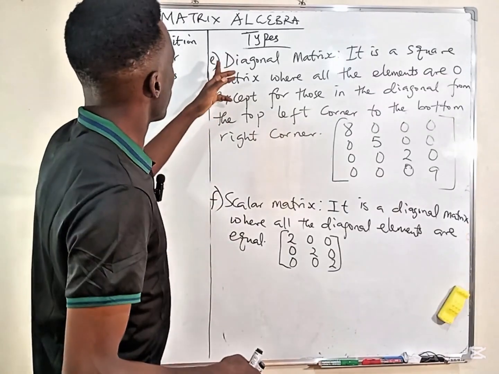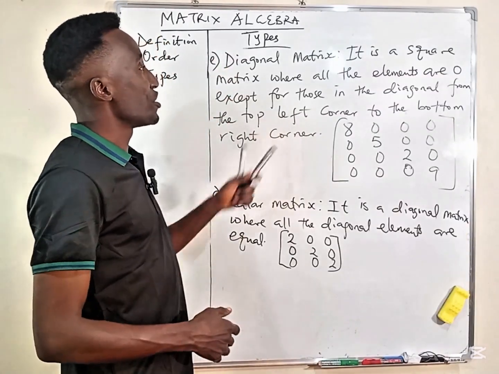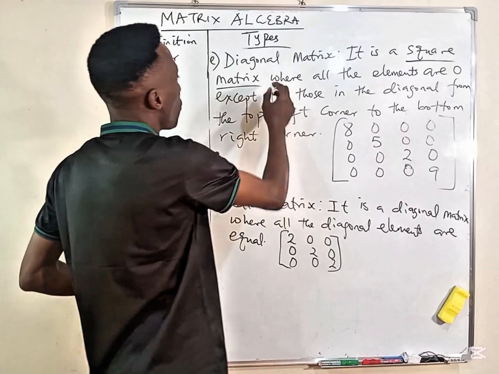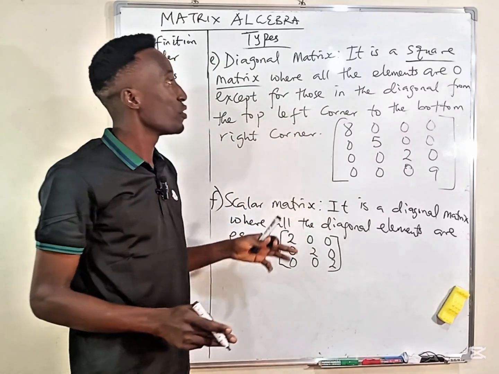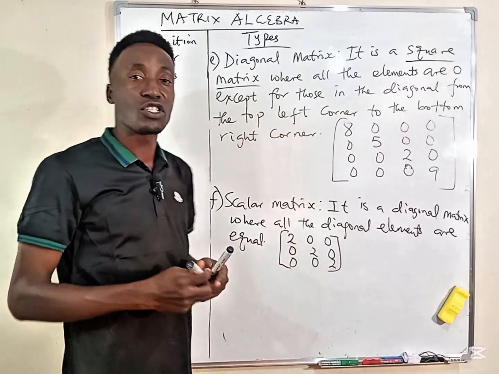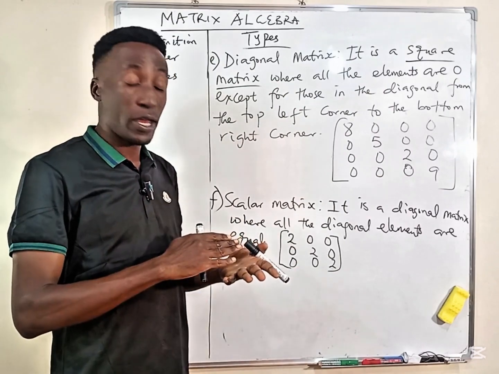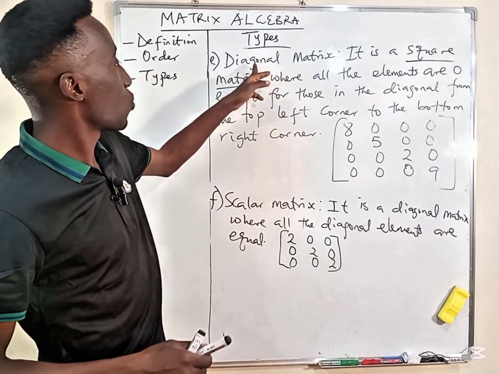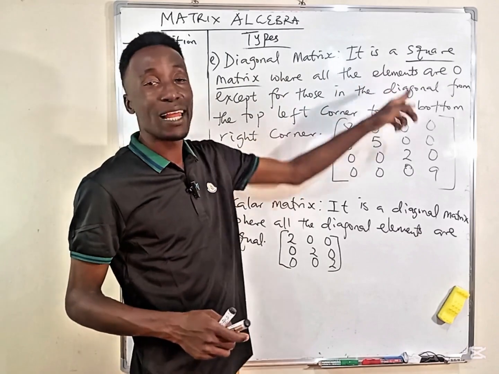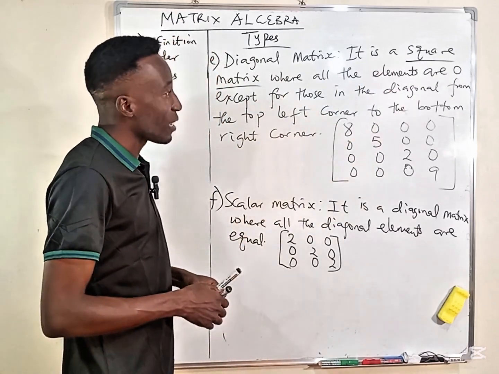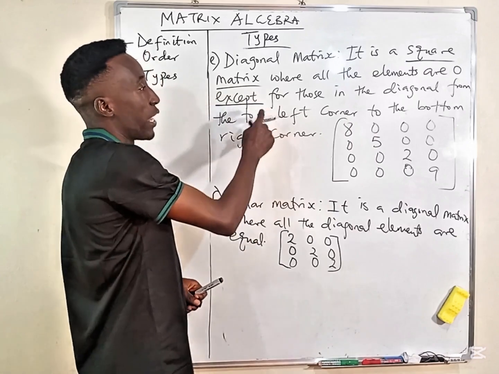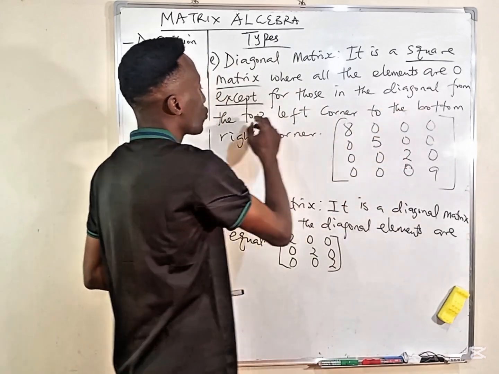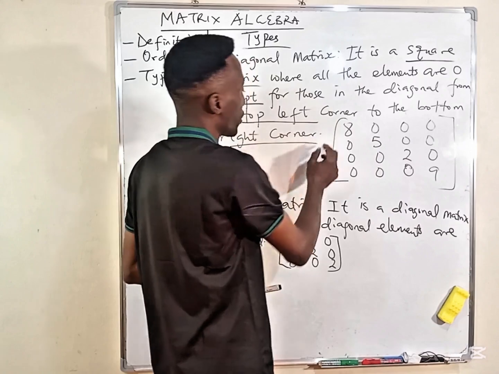So we have the diagonal matrix. It is a square matrix, so take cognizance of this. As I said on the previous page, a square matrix is a matrix that has equal rows and columns. A diagonal matrix is a square matrix where all the elements are 0 except those on the diagonal, from the top left corner to the bottom right corner.